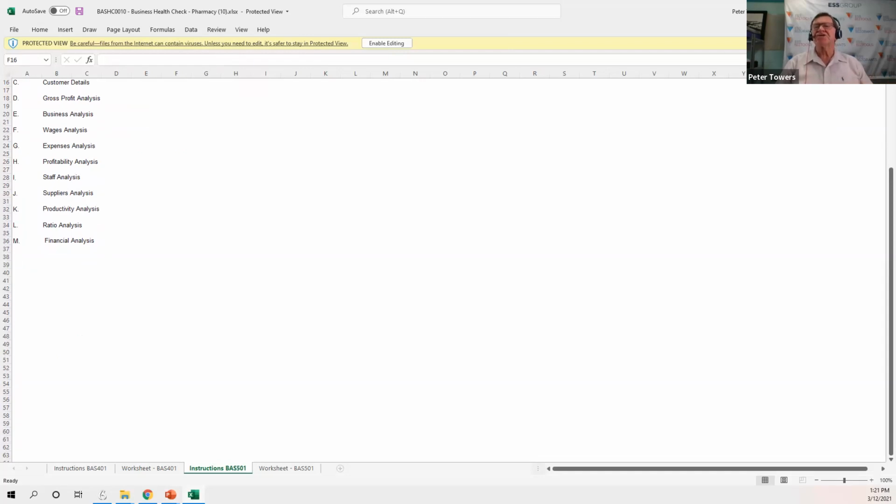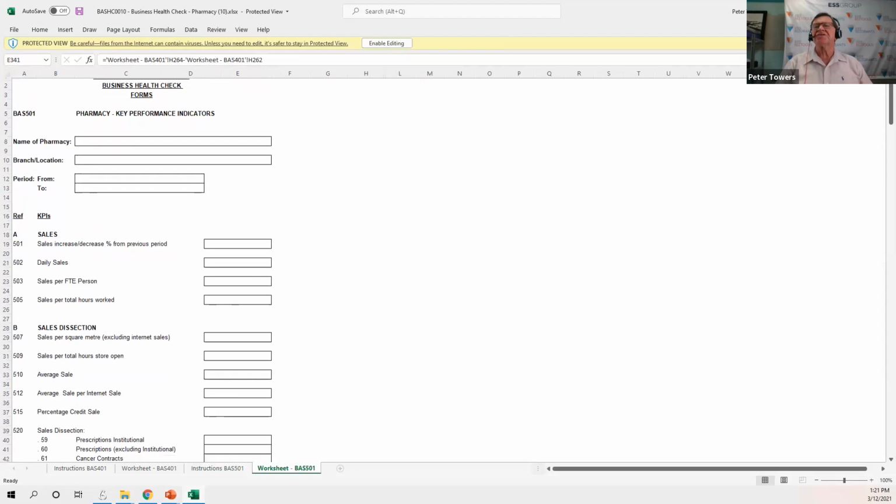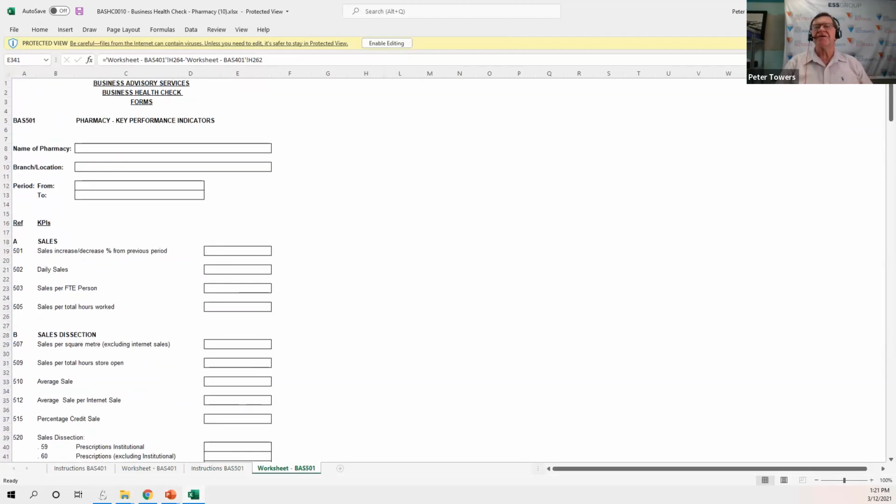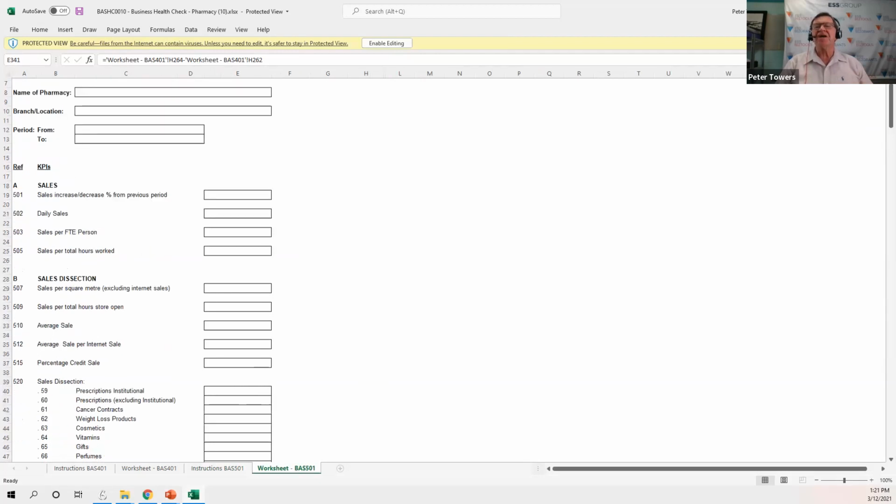So the worksheet for the report will look like this: the name of the pharmacy, of course, what period's covered, and then it's going to analyze the information. Sales increased or decreased percentage from the previous period. The daily sales were, sales per FTE person.